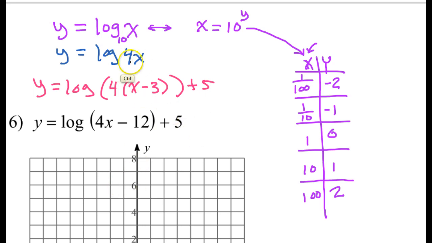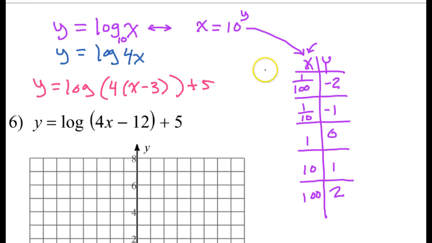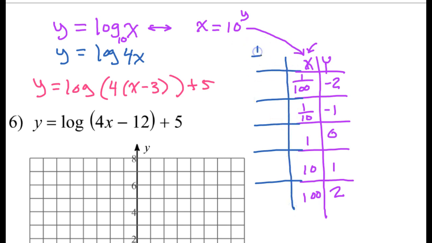Now, before I graph anything, I'm going to go ahead and deal with the 4. A 4 inside the function like this is a horizontal compression by a factor of 1/4. So this is going to affect the x values. So I'm going to need a new x column. So I'm just going to extend this out. All right, and because it's a compression by a factor of 1/4, I'm going to do 1/4 of each of these.